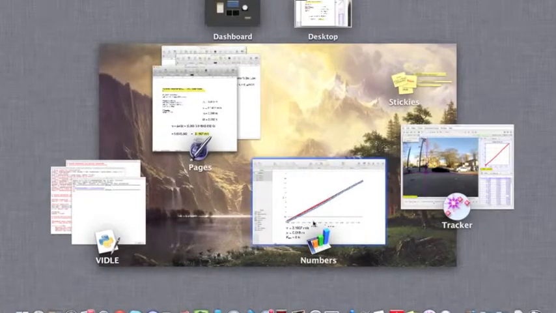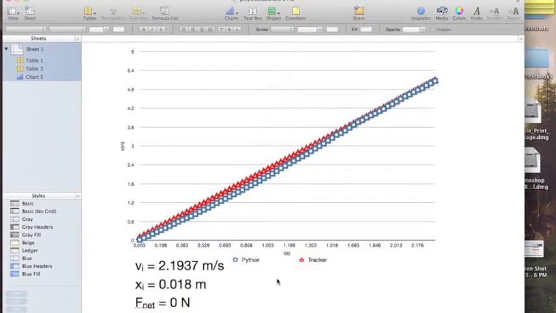We then graphed the data, and the blue squares are data from Python, the red triangles are data from Tracker. You see that there is a slight disparity towards the middle, and I think this might have been the fact that the camera I used, a GoPro, has somewhat of a fisheye effect, so towards the middle the size of the board, as seen by the lens, changed a little bit, and the distances were a little bit off.